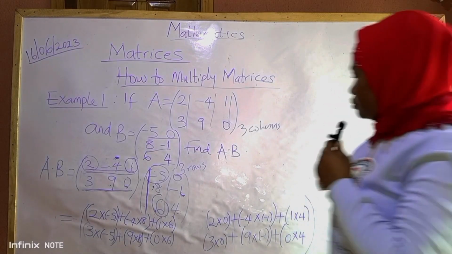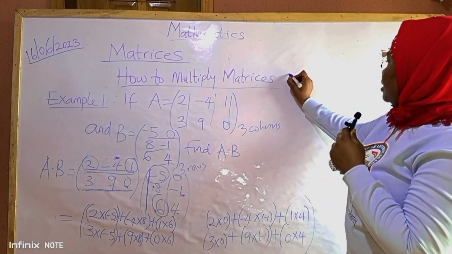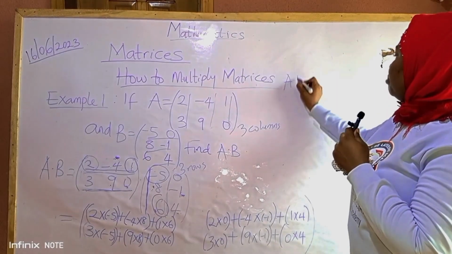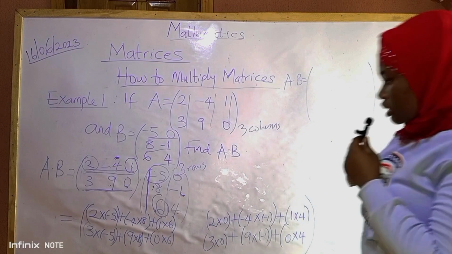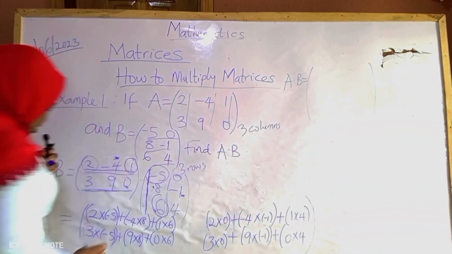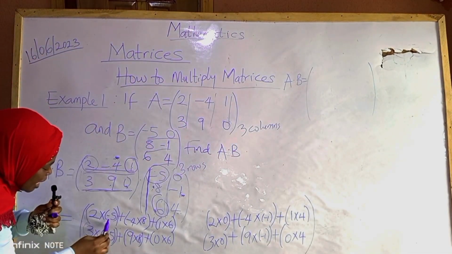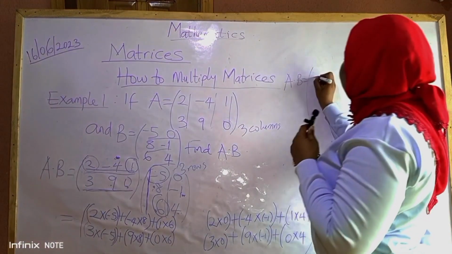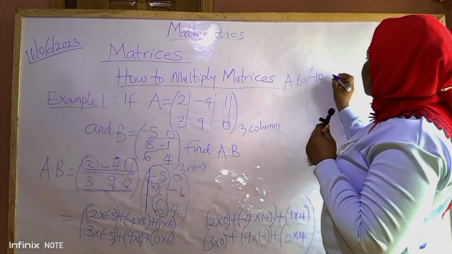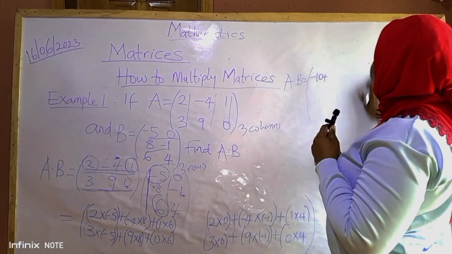So now let's simplify. My A multiplied by B will now be equal to, let's perform this operation. 2 multiplied by minus 5 gives me what? It gives minus 10. Then remember to add.